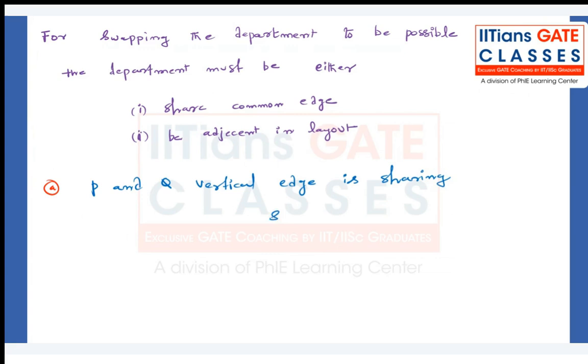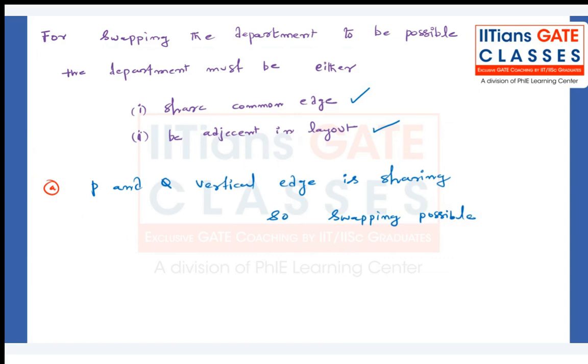So a common edge is shared, so swapping is possible. So for solving these kinds of questions, guys, you just remember these 2 points: either a common edge has to be shared or they are adjacent in the layout.